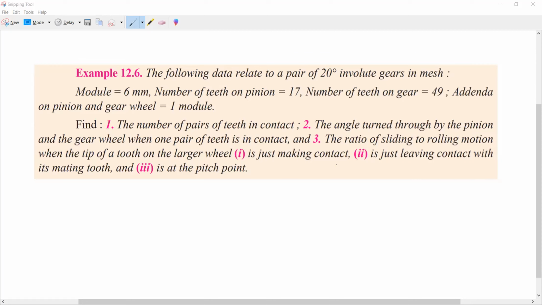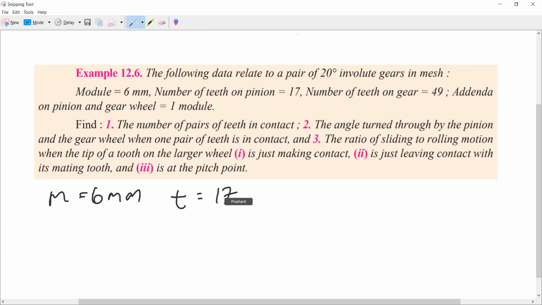Let us see the given data first. What is given over here? The first thing is the module. Module is equal to 6 mm. Number of teeth on pinion, small t, is equal to 17.